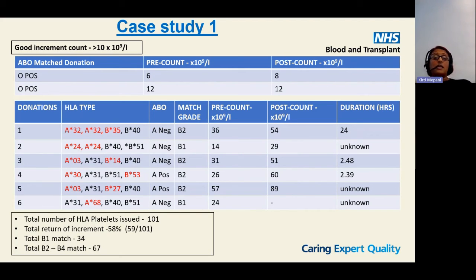So in this case, it didn't really make as much difference in terms of the units that she got as a B1 or a B2 match grade. She actually responded well to these. And some patients do respond really well to some and some don't. And we really don't know the reasons why this happens. So I'll go on to case study 2.